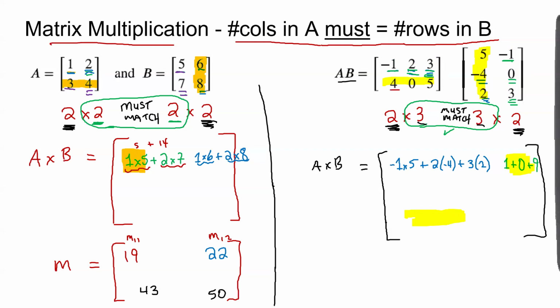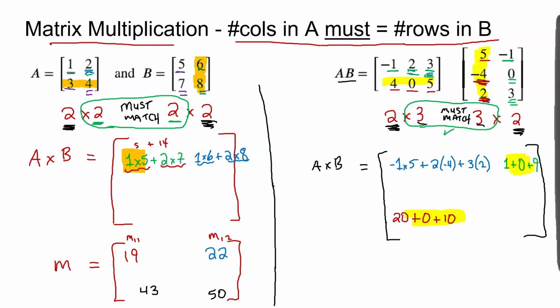I'm going to have a 4 times a 5, which would be a 20. I'm going to have a 0 times negative 4, which will be 0. I'm going to have a 5 times 2, which is 10. Right there.